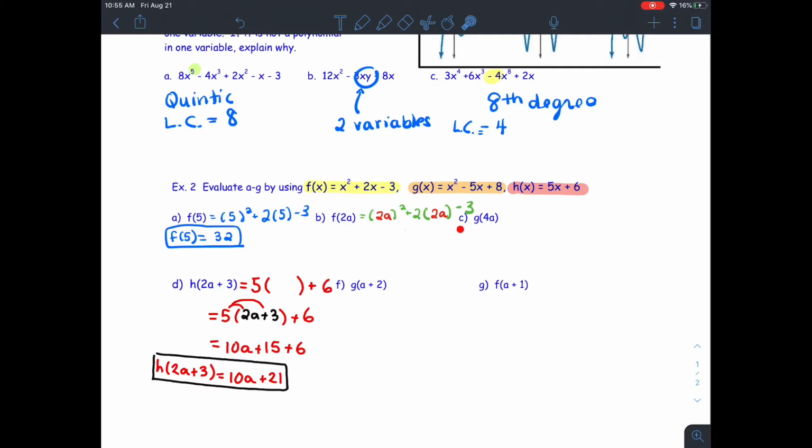Now here's where some of those exponent properties from the previous video are going to come into play. Remember we had one property that said it is okay to distribute the exponent on the outside of the parentheses and multiply it into all the exponents on the inside, as long as what's inside the parentheses is all being multiplied together. Had this been a 2 plus a in the parentheses, then you would not be allowed to distribute that exponent.